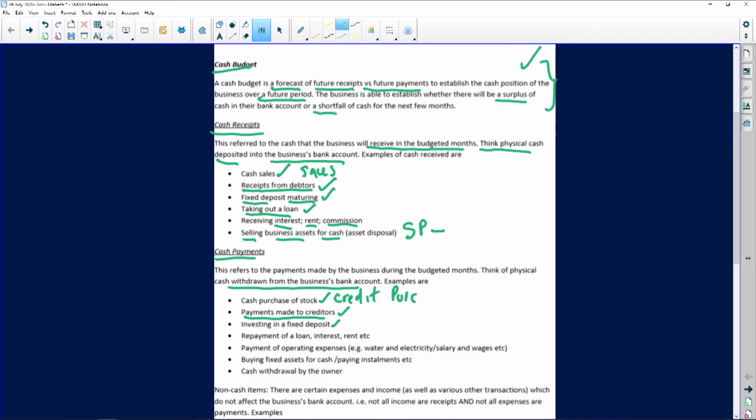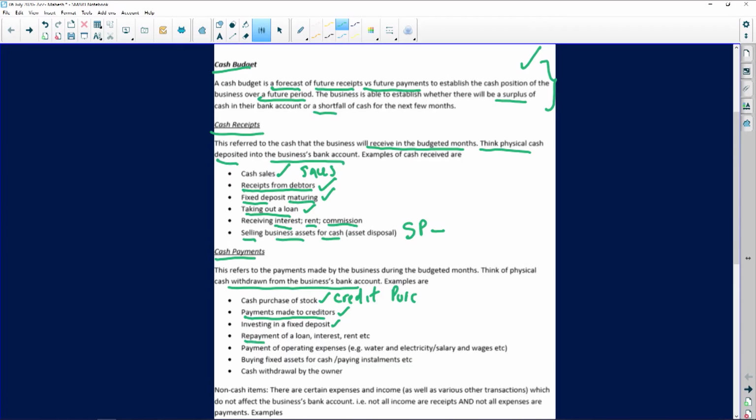Investing in a fixed deposit. So if you now decide to invest in a fixed deposit, you will then withdraw a certain amount of money from your current bank account, transfer it to a different account. So that obviously decreases the money you have in your current bank account. So it is obviously a payment.